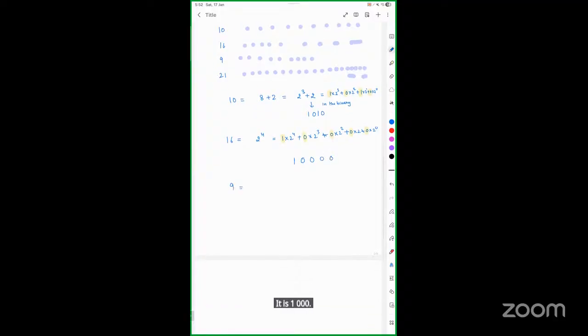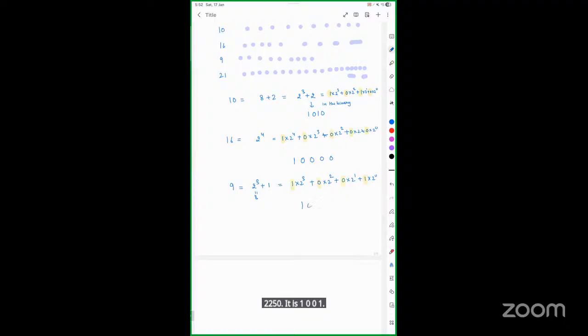9 you can write as 2 to the power 3 plus 1. So it is 1 into 2 to the power 3, which is 8, plus 0 into 2 squared, plus 0 into 2 to the power 1, plus 1 into 2 to the power 0. It is 1, 0, 0, 1.